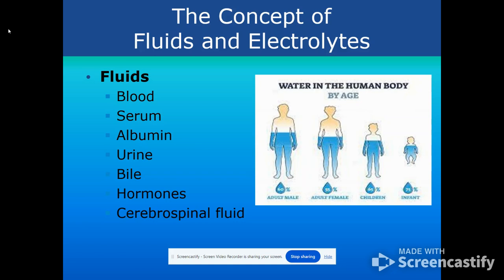It is fluid found inside of the cell, composed of water, dissolved electrolytes, and proteins. Then you also have extracellular fluid, which is body fluid not contained in cells. There are three components: the interstitial compartment, the intravascular compartment, and the transcellular compartment. This contains about 1/3 of the body's water compartment.